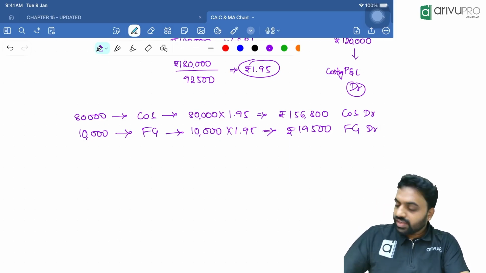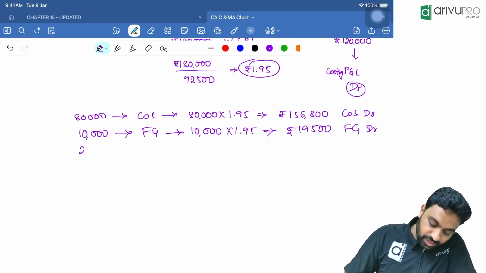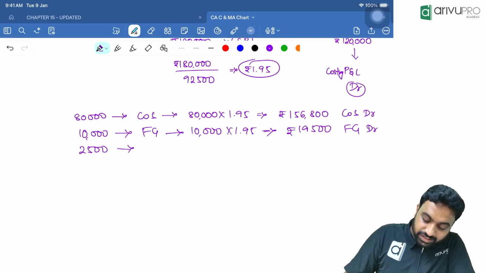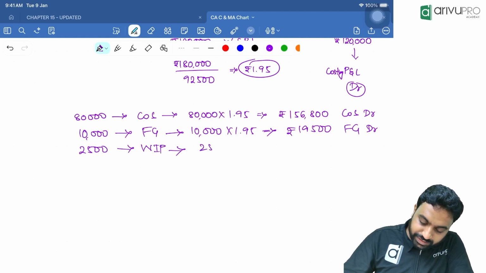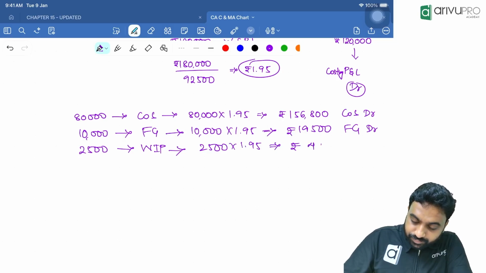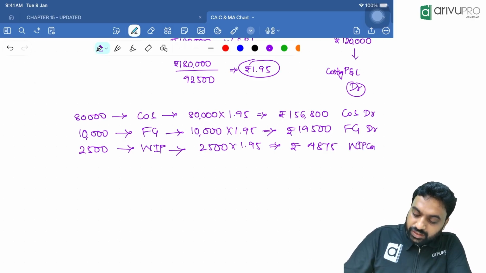Got it? And 5,000, but equivalent to 2,500, no? That is there in the WIP account. So 2,500 into 1.95. This will go to WIP control account.